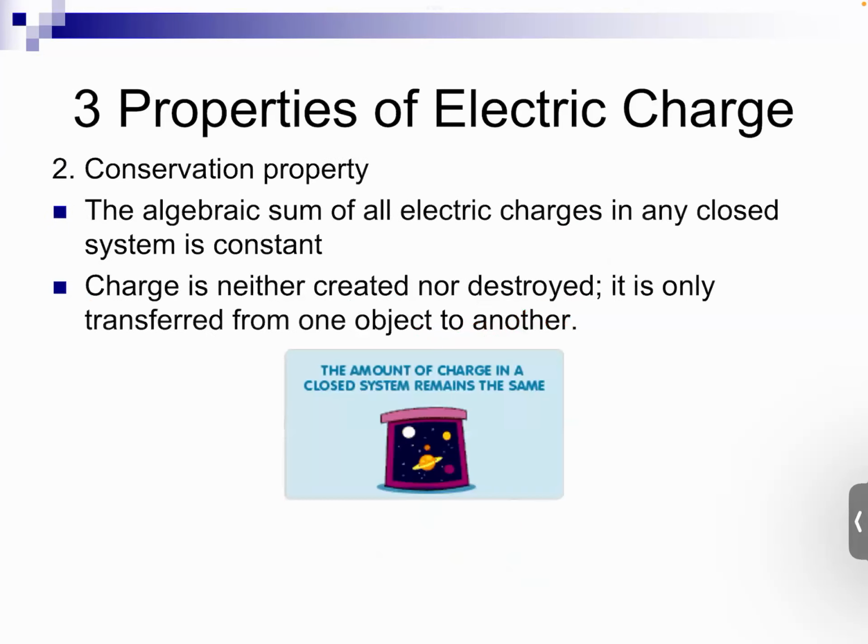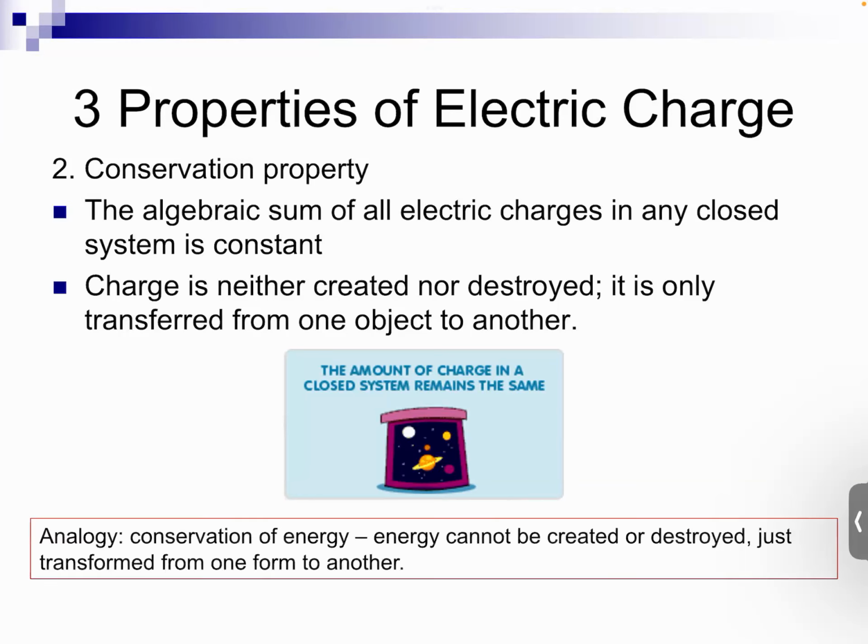The second property is the conservation property, and this is not new. We're familiar with the conservation of energy, which says that energy is neither created nor destroyed, it's just transformed, such that, for example, mechanical energy is transformed to thermal energy or heat, or kinetic energy is transformed to potential energy.